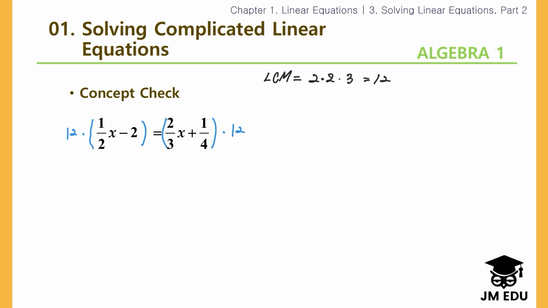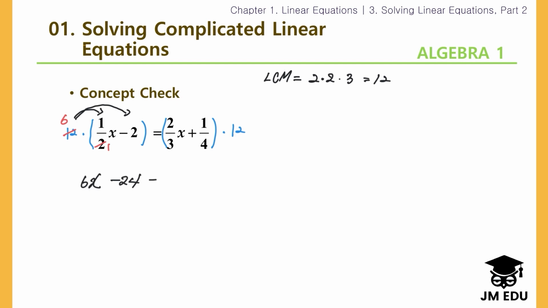Apply the distributive property. 12 times 1 over 2x. 2 times 1, 2 times 6, so that's 6 times x, 6x. And 12 times minus 2, that's minus 24, right?